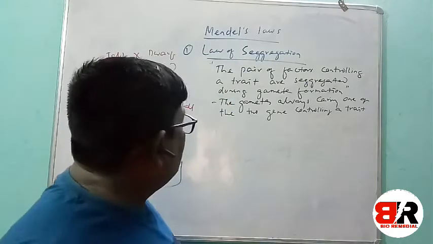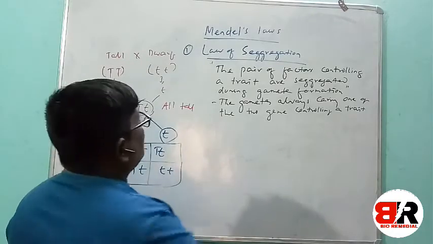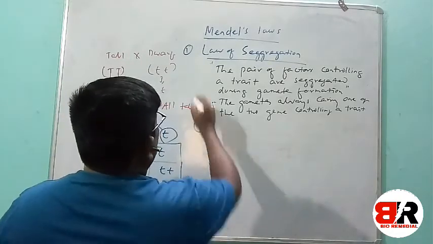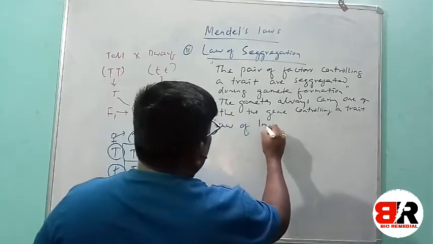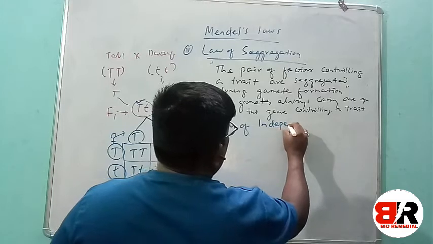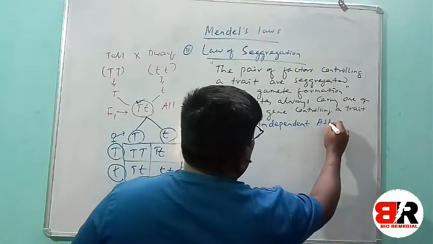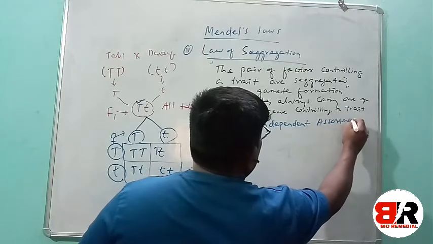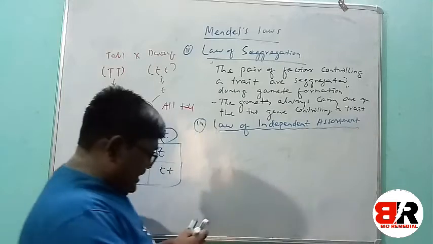We should understand the third law, that is the law of independent assortment. Very important law. This law is actually an extension of the law of segregation.